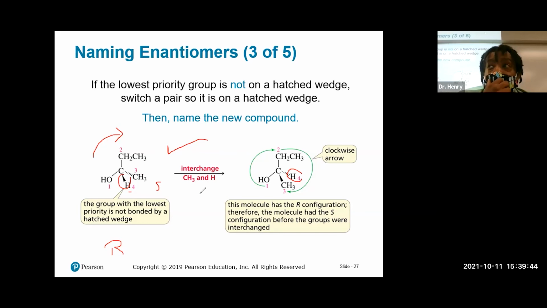That's what I believe it's trying to say, but they said it was an S before it was switched to an R. But the rule is that your lowest priority should not be the one that's coming out. You need to orient it so that the lowest priority goes towards the back in this situation.